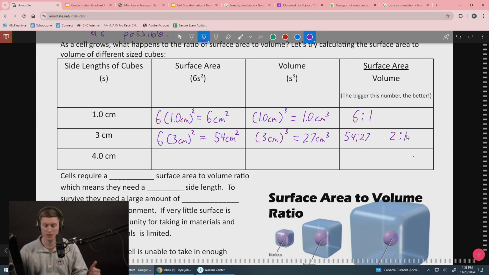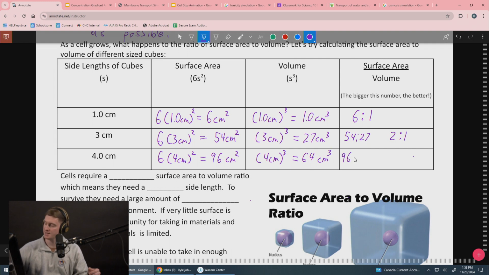If we make our cell bigger, to 4 centimeters, then 6 times 4 centimeters squared is going to give us 96 centimeters squared as our surface area, and 4 centimeters cubed will give us 64 centimeters cubed.